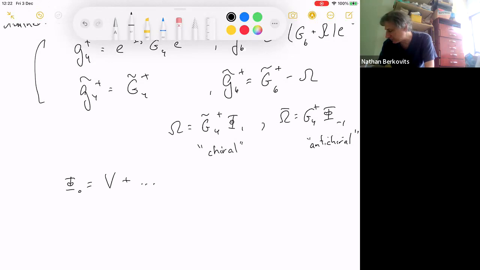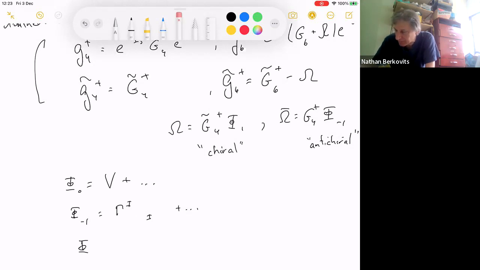Phi minus 1 starts out as omega I e to the minus rho. And phi plus, that's not quite right. What I should have written is this. Let me get a different letter.